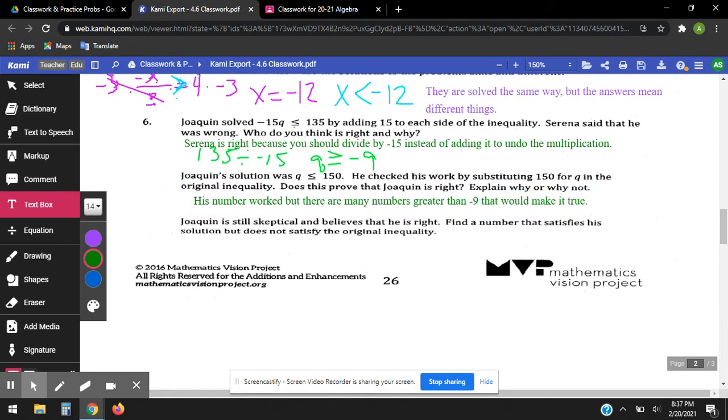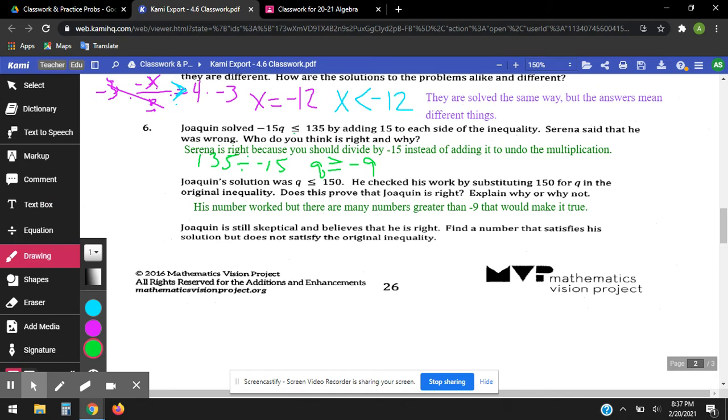So let's just do negative 10. If q equals negative 10, then negative 15 times negative 10 equals positive 150, and positive 150 is not less than or equal to 135.